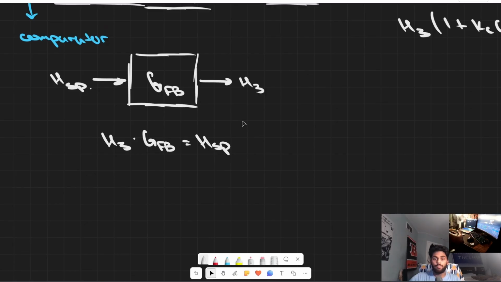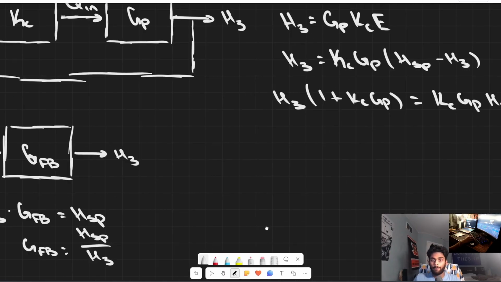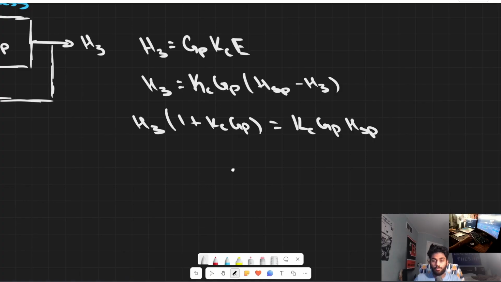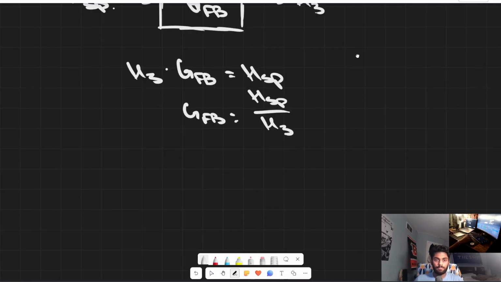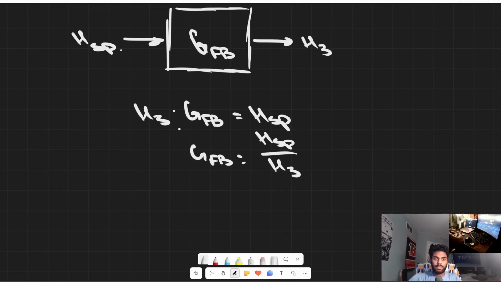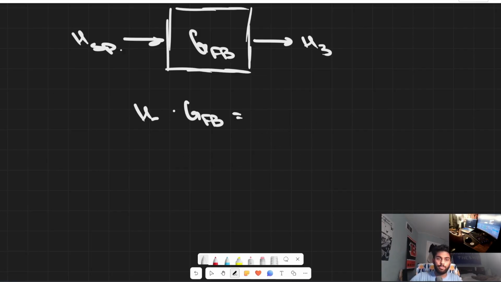So to find GFB, we want to find HSP over H3. So if we were to do that, okay, here's my mistake. This should be HSP times GFB equals H3. So GFB has to be equal to H3 over HSP.